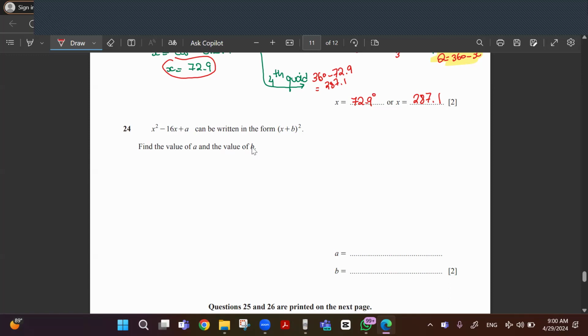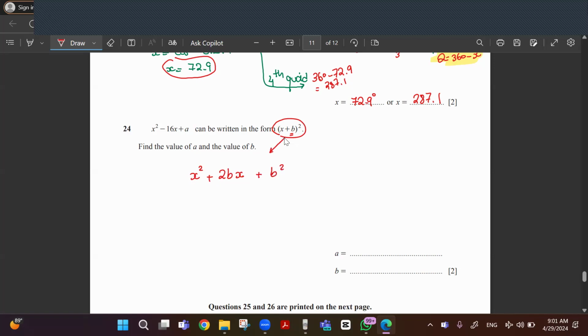What should I do here? Look here. I am going to write first the equation that I know. I'm going to expand this: x squared plus 2bx plus b squared.